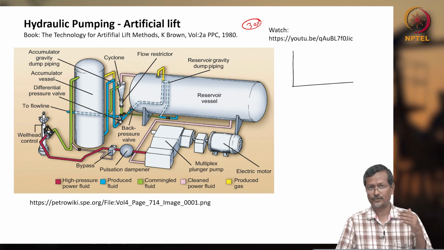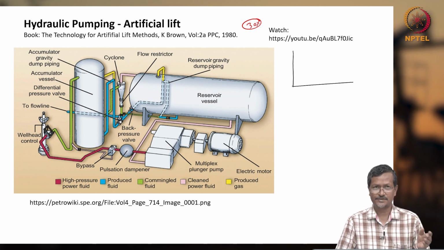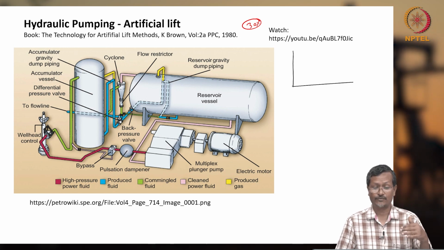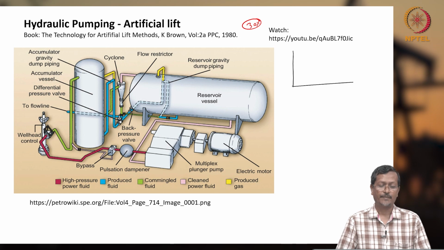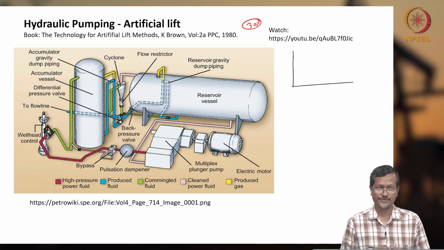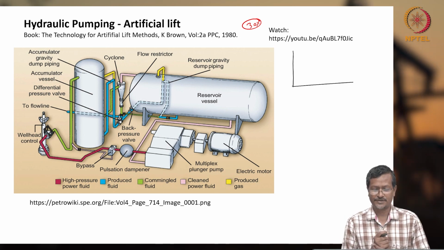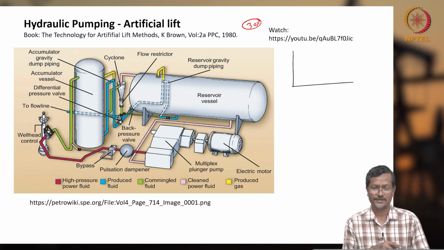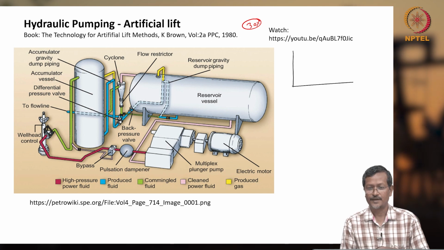In some cases they use it for CBM or coal bed methane systems, or for dewatering gas well systems. There are two types of jet pump system. One is called the hydraulic jet pump, and another is called the hydraulic engine pump or hydraulic piston pump. We'll discuss all these details later.